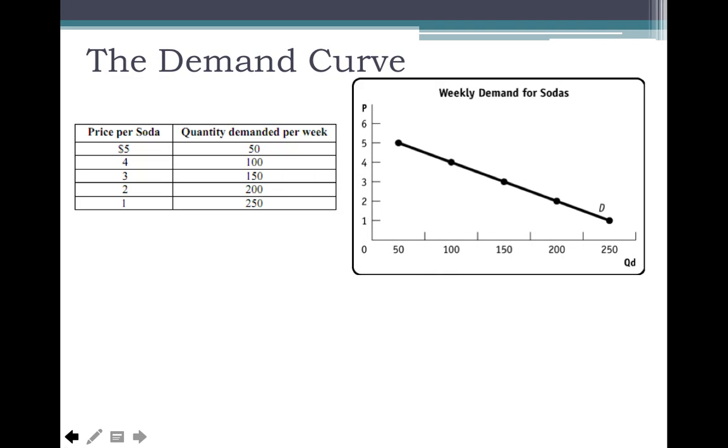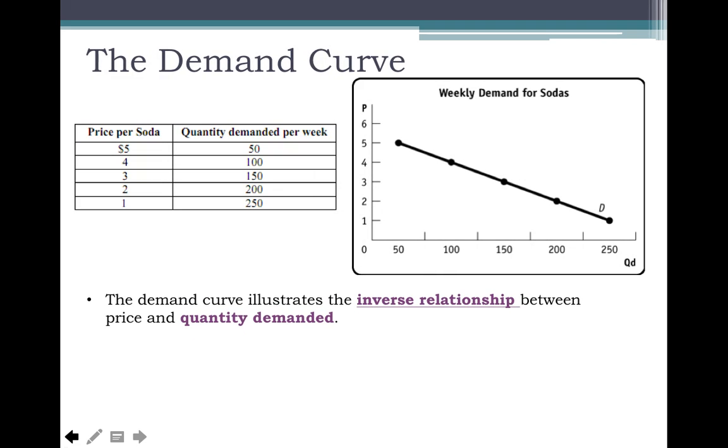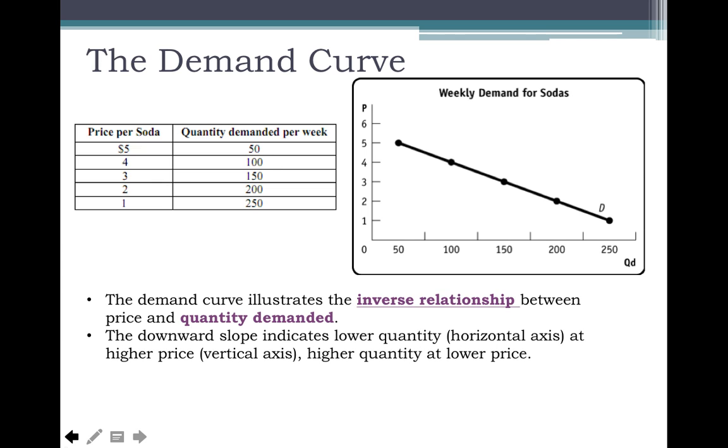Now, let's look a little bit more at the demand curve here. Again, the inverse relationship between price and quantity demanded. And it's important that you refer to it as quantity demanded, as I'll talk about in a few minutes. Downward slope, lower quantity at higher prices, and higher quantity at lower prices.